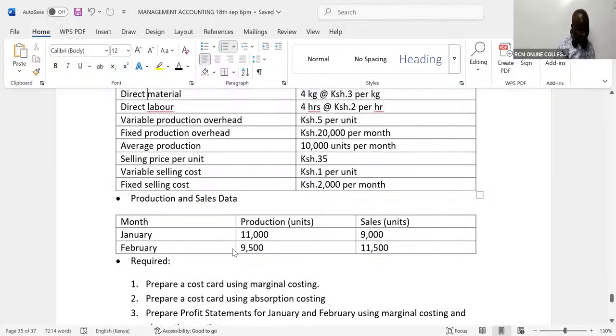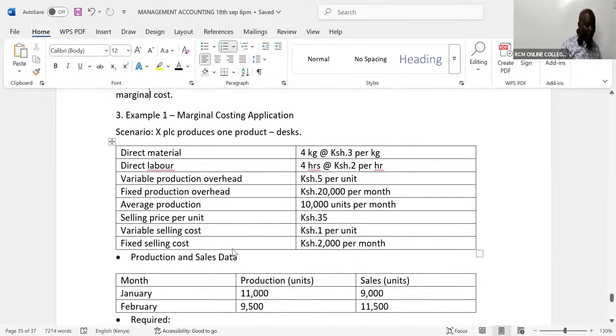Remember, we have already done the cost card using absorption costing, which is also known as full costing. We took material cost in the cost card, 4 kgs at 3, which gave us 12.